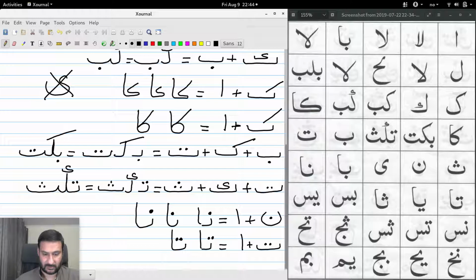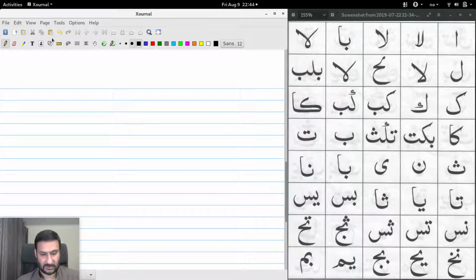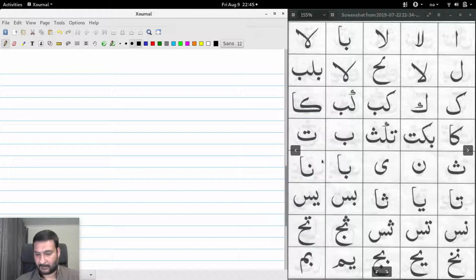Alright, so let's move to the next page. Right, so we have covered ta alif already. Let's do ya alif. So ya alif is like this. So this is a combination which is ya. You know, ya looks like this.